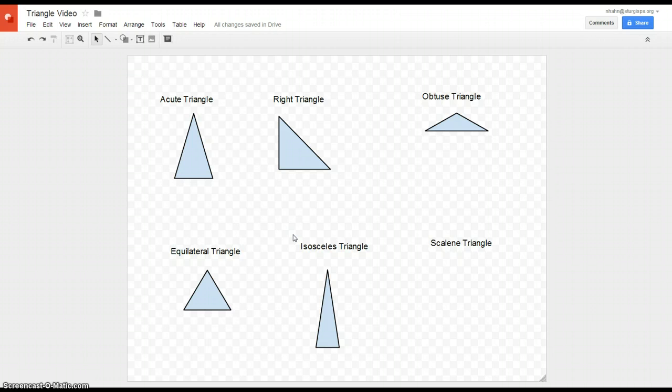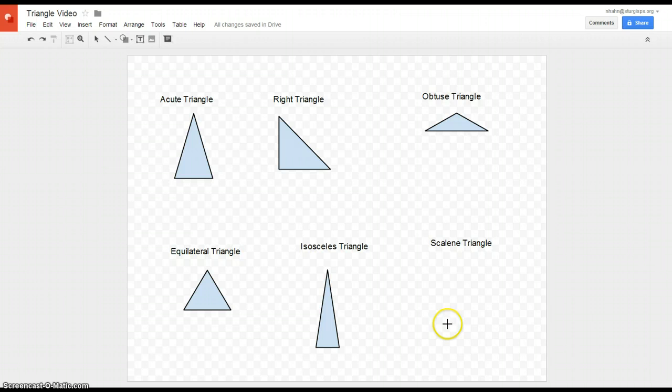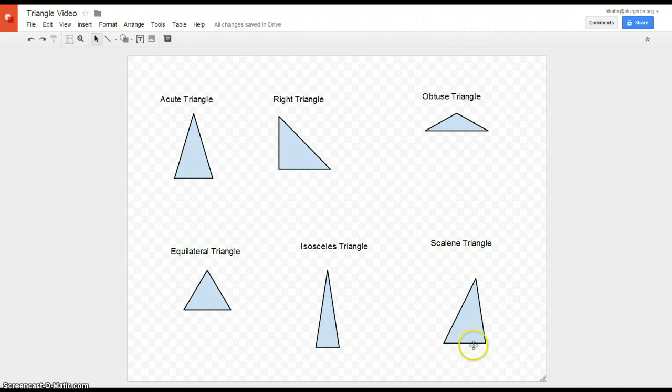The last triangle, you can probably guess what this one means, is a scalene triangle. A scalene triangle is a triangle where all sides have different lengths. This one's a little bit tougher to draw as well, but it's going to look something like this. Right now, these two sides are the same length, but as I stretch this, this is now going to become longer than this side here, and this side is also a different size, so you can really see that there.